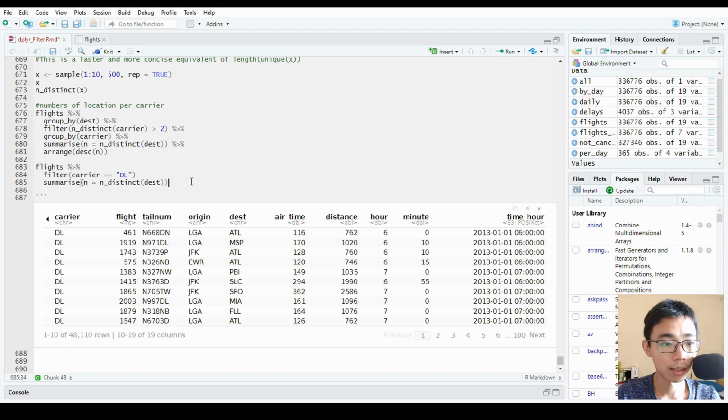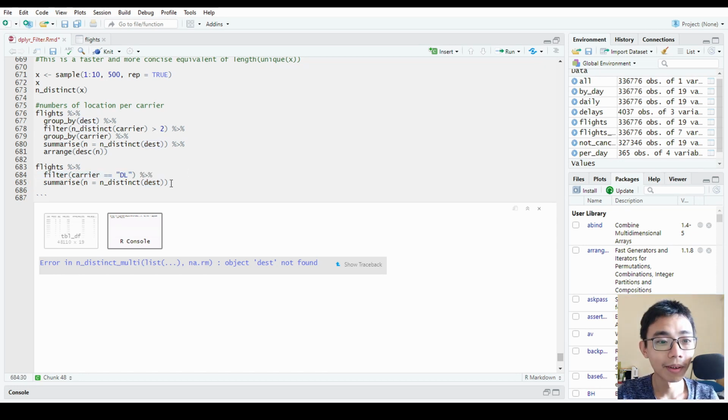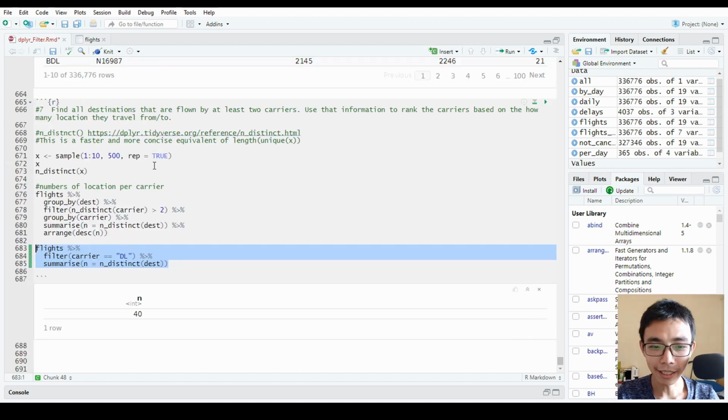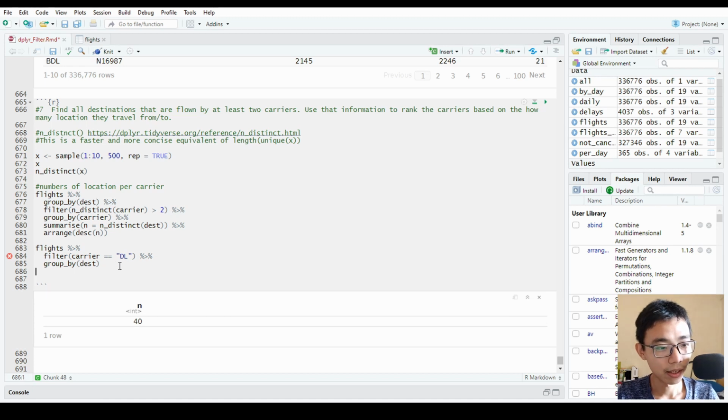I'm not sure this is going to work. Oh, okay. So these are not the, okay, I know already. We need to group by destination, and then we summarize the destination.